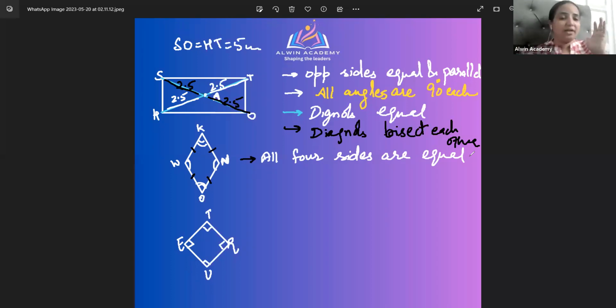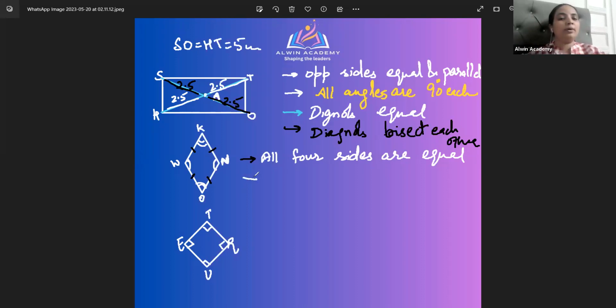Opposite sides are also equal, right? Right or not, everyone? Yes. Clear, beta? Clear, ma'am. Is Sridhar listening? Ma'am, I'm right here, taking notes. Okay, good. Very nice. So all four sides are equal. I have noted this here, right?